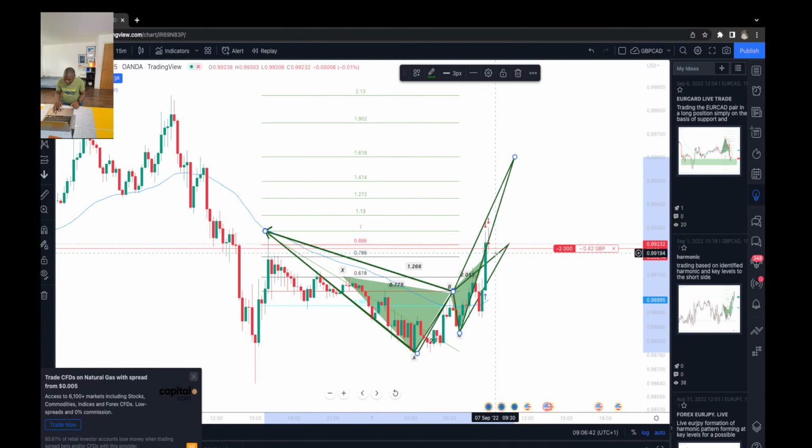That would be my next point of call. However, I still believe that this section here holds resistance because of this initial price rejection in this area. So I'm going to stick to my trading plan.